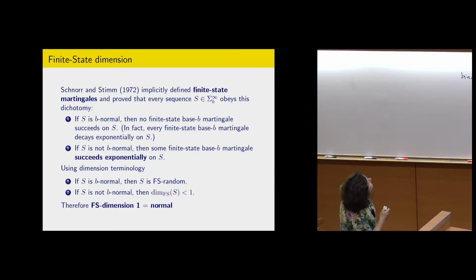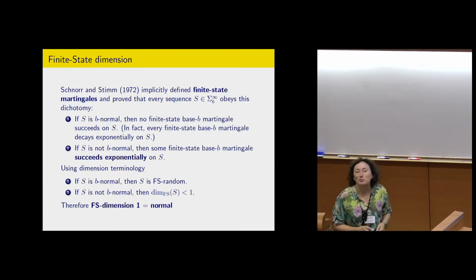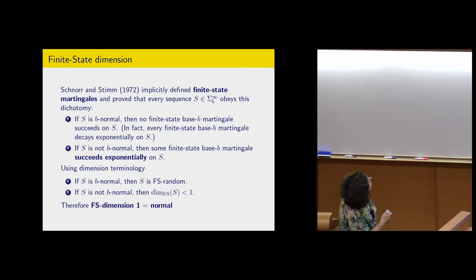And on the other hand, if it is normal, then no finite-state base-B martingale succeeds. And actually, that's a bit more extreme than that. But what we really need is this part. If S is B-normal, then S is finite-state random, okay?